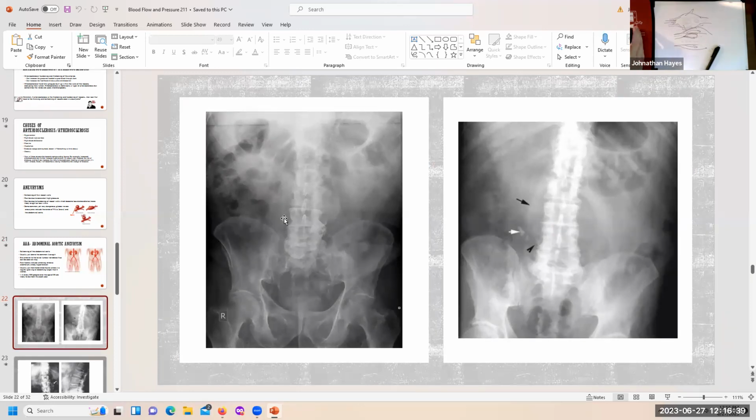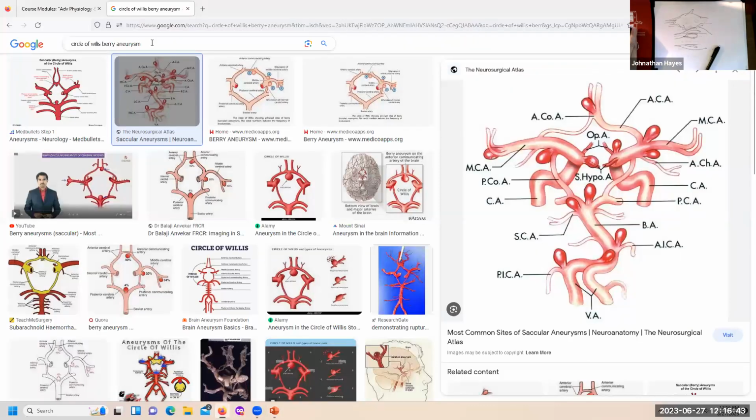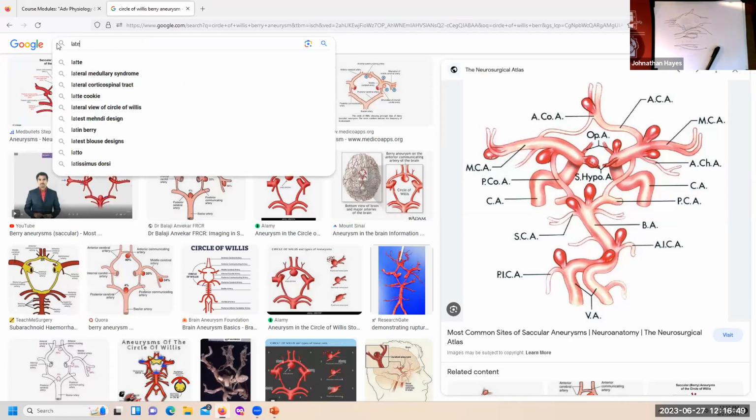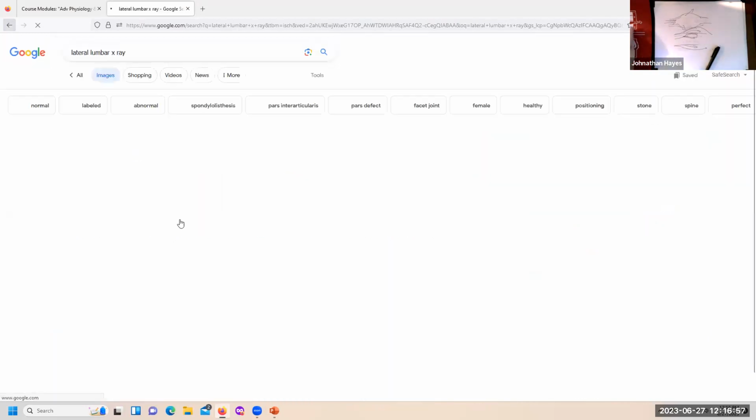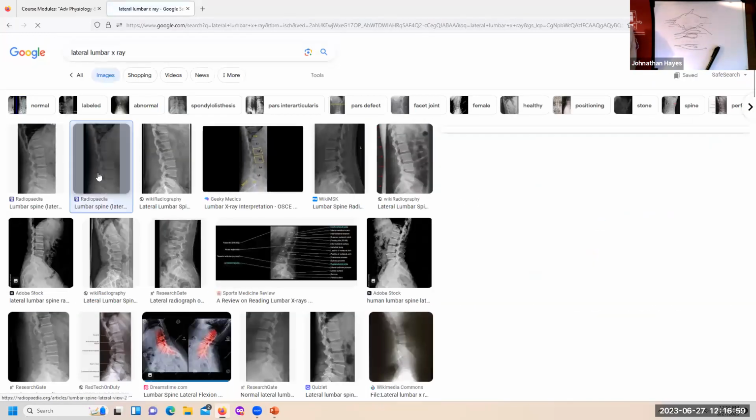Sometimes you should be able to see an abdominal aorta, but it should look all nice. Let me see if I can show you a normal looking abdominal aorta.